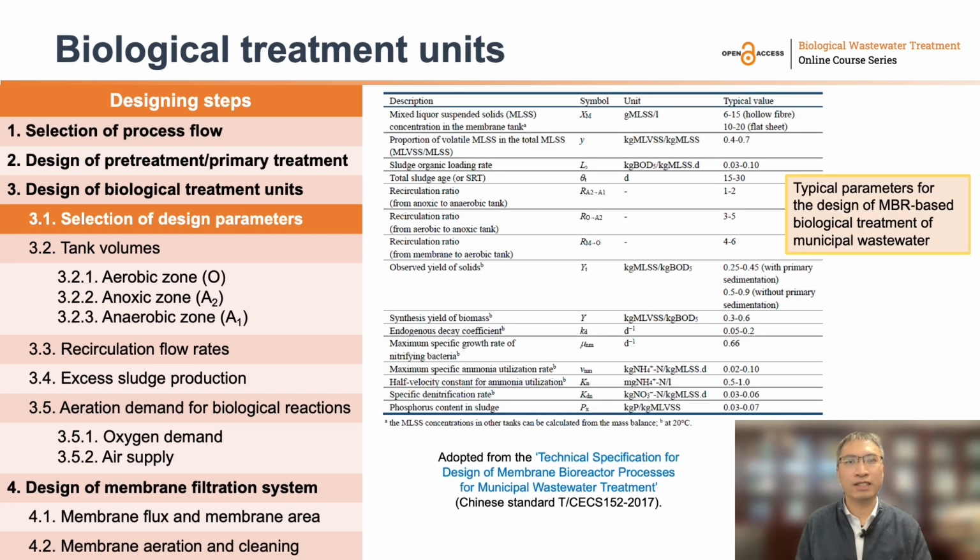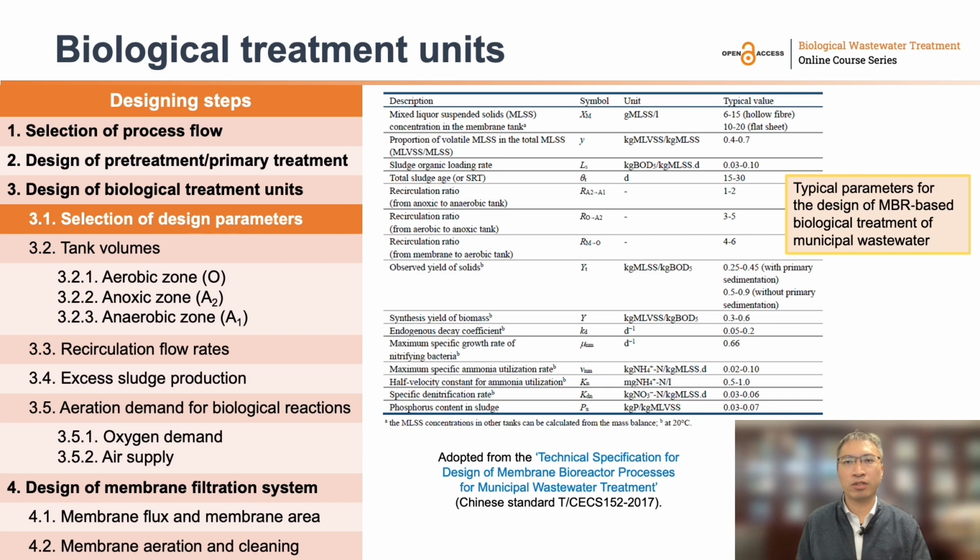First, we need to select a series of designing parameters for the subsequent calculation. The table here lists the parameter values, which are mainly adopted from the technical specification for design of membrane bioreactor processes for municipal wastewater treatment.